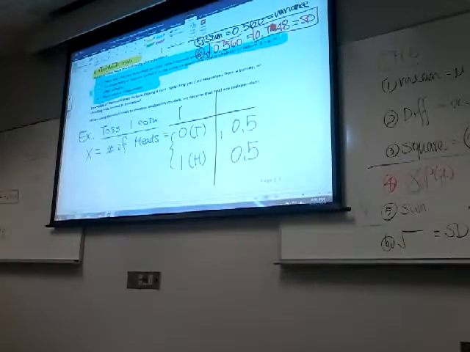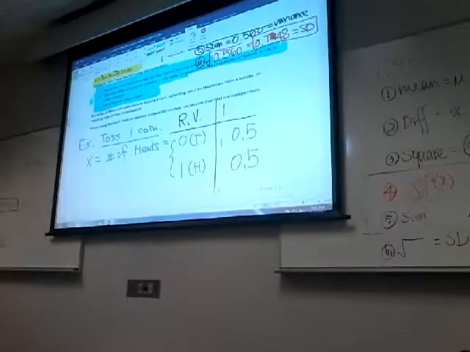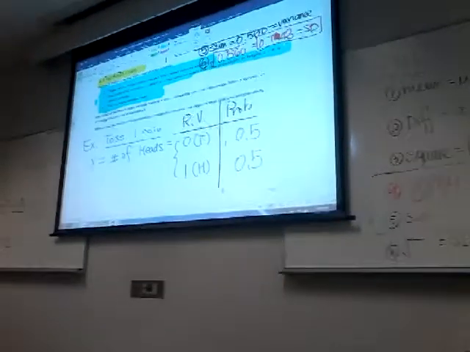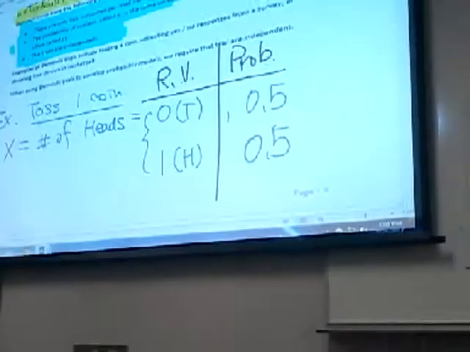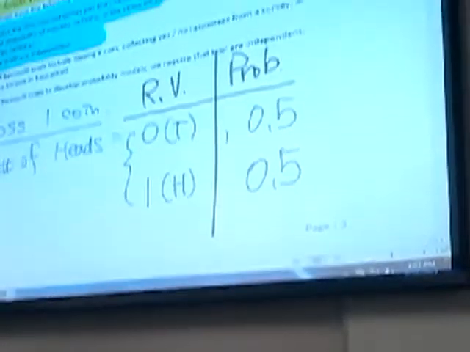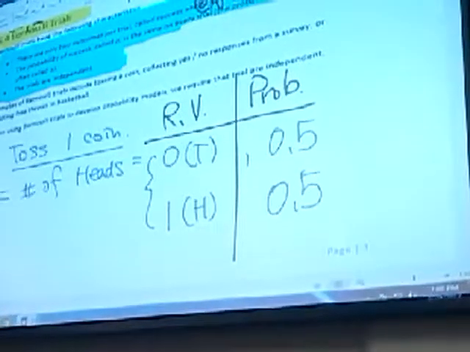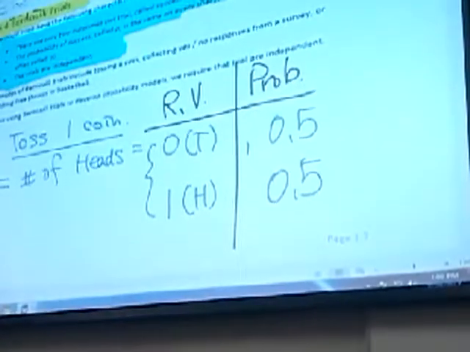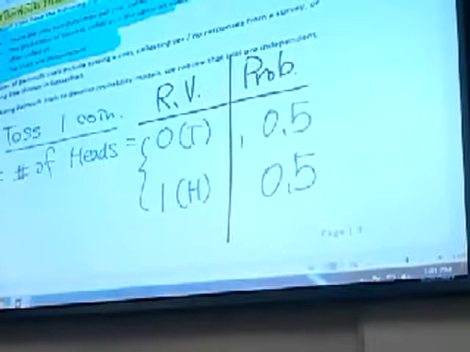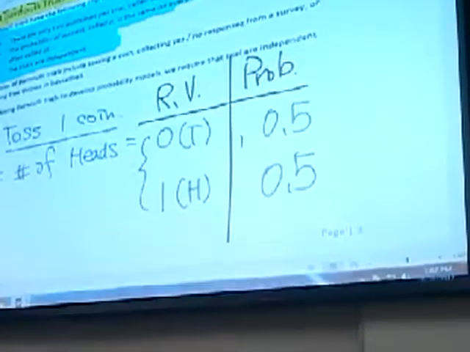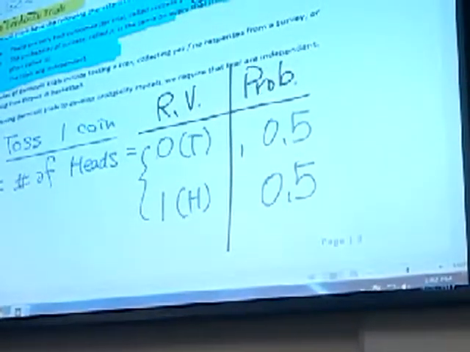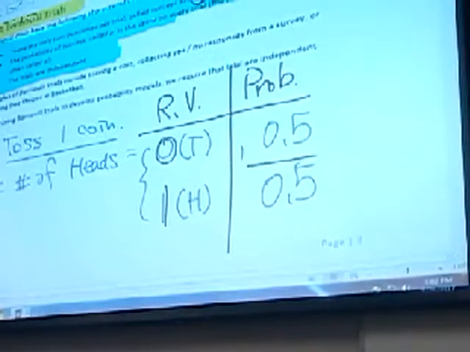It is a random variable and it has a probability. So we can make the probability table. It is numerical, 0 and 1, with the probabilities each.